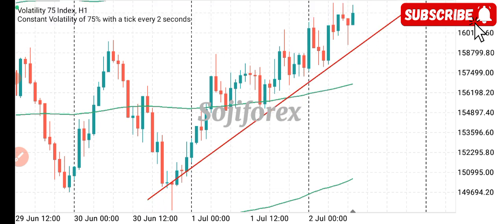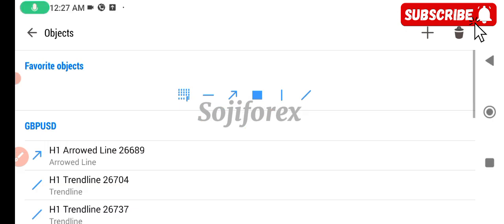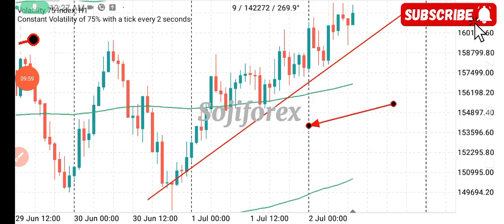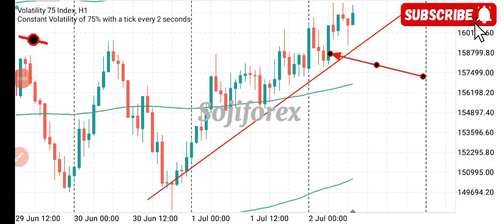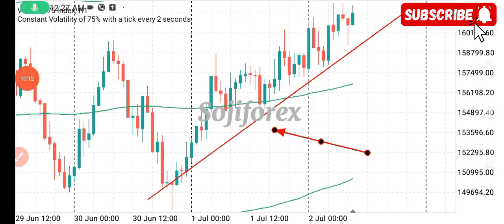V75 is bullish. If we were here earlier, this could have been our trade entry, right? This is a controlling candle. This is our controlling candle.